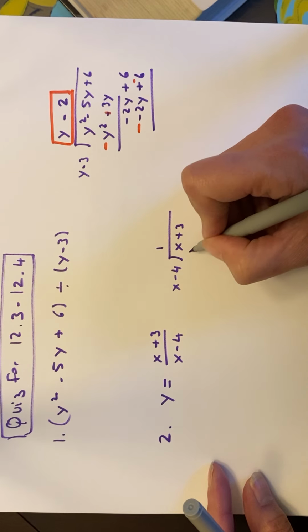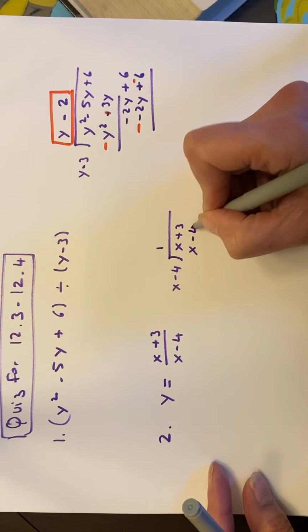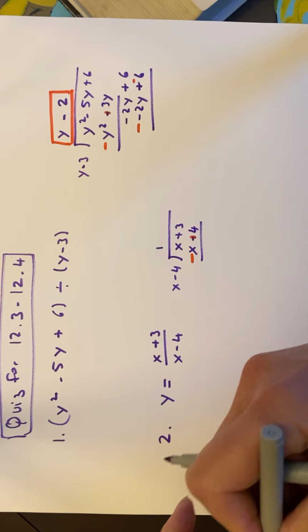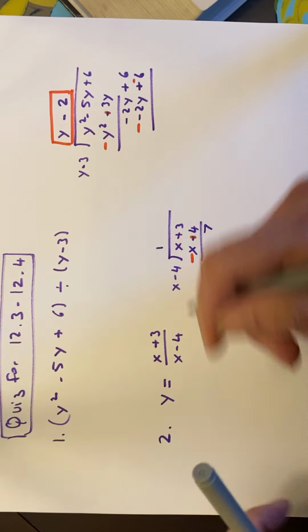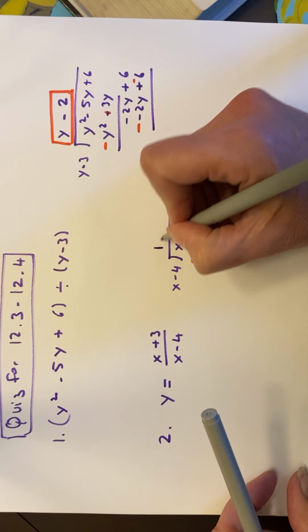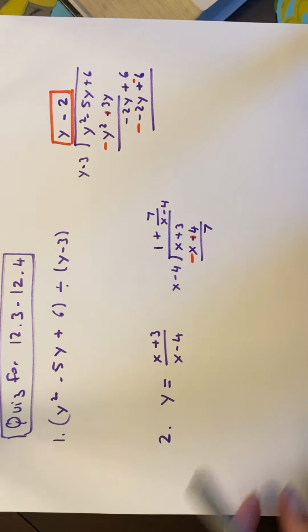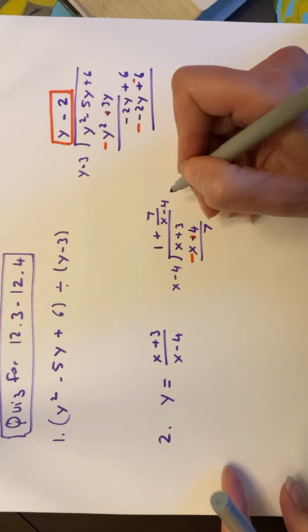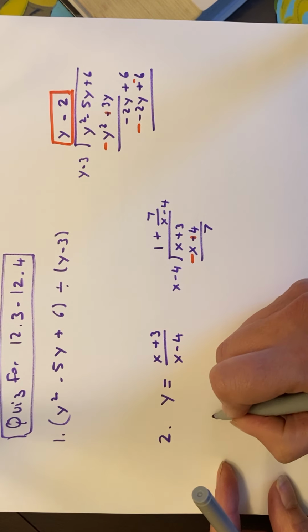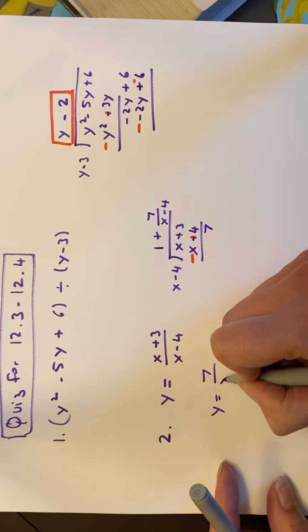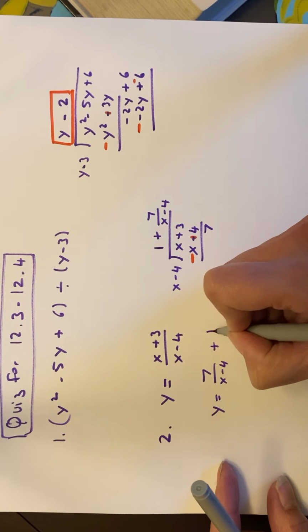So 1 times x is x, 1 times negative 4 is negative 4. When I subtract, I end up with a remainder of 7. So 1 plus 7 over x minus 4. In order to graph this, I end up with y equals 7 over x minus 4 plus 1.